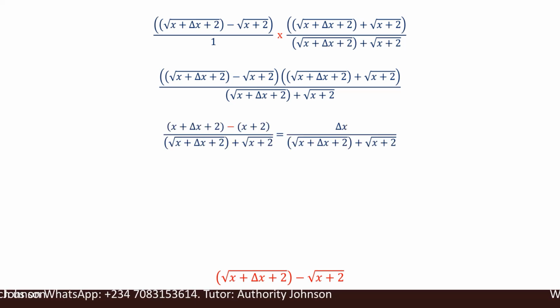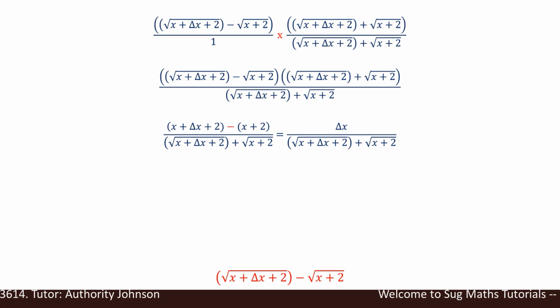It's going to remove the root and we will have x plus change in x plus 2. Now, the other one is going to cancel. Then we pick the last in the first bracket multiplied by the last in the second bracket. That means we're going to have minus root of x plus 2 multiplied by root of x plus 2. So the square root will go, right? We are simply going to have minus x plus 2.